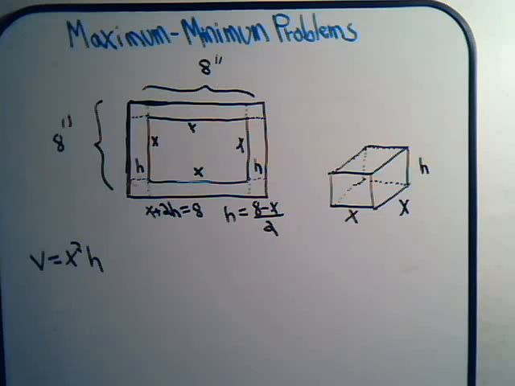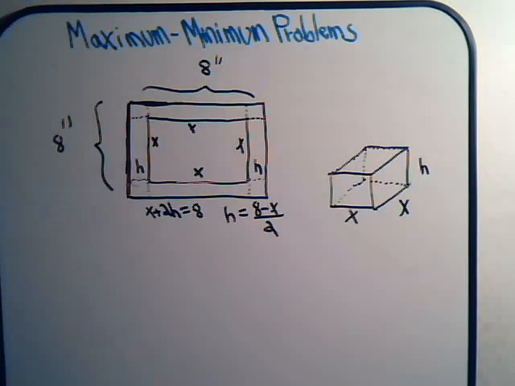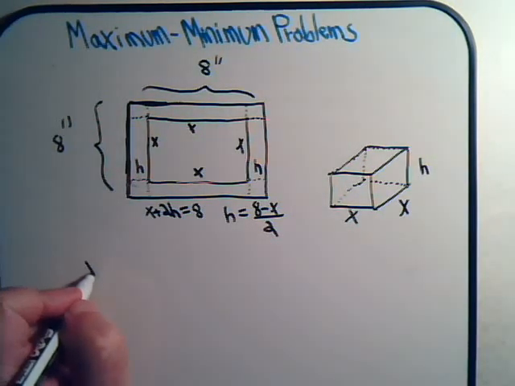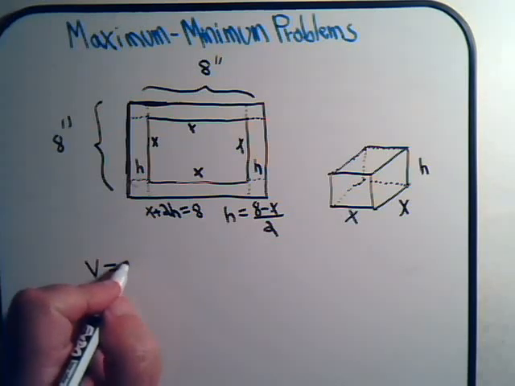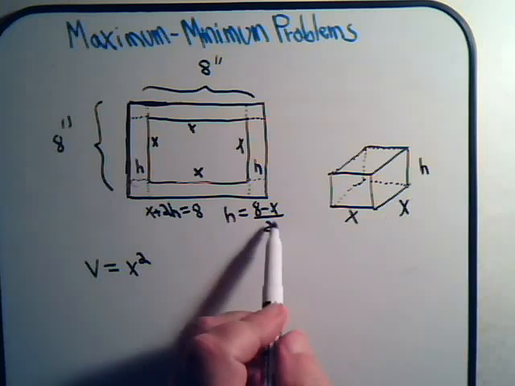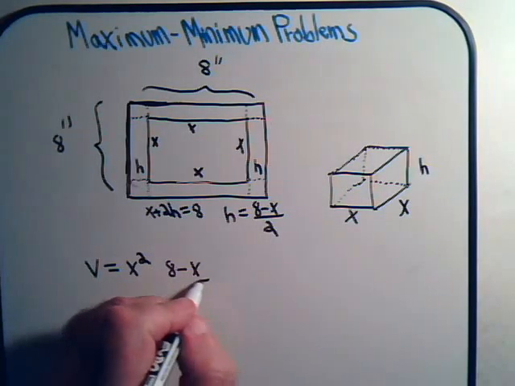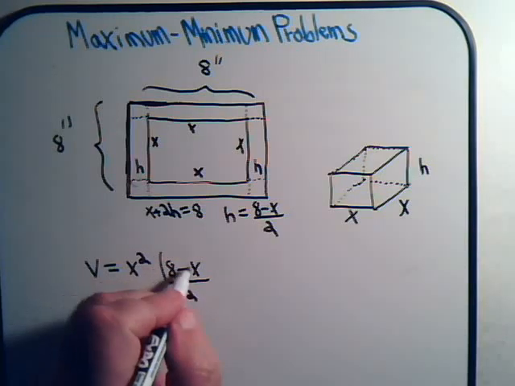So now we can rewrite our volume. The volume will be equal to X squared, this side, times H, which is this, 8 minus X divided by 2.